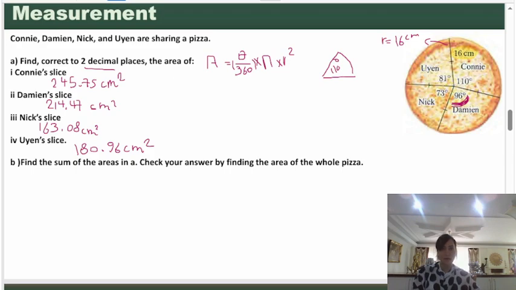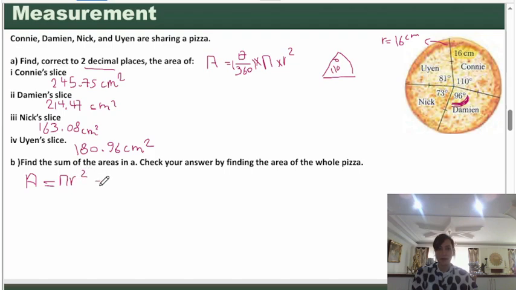I will go for part B. Part B says find the sum of the areas in part A. Check your answer by finding the area of the whole pizza. For the whole pizza, I have the whole circle, so the area of the whole circle would be pi r squared.